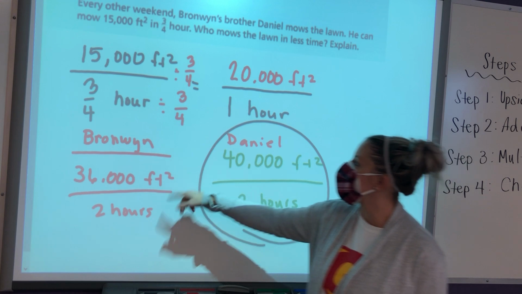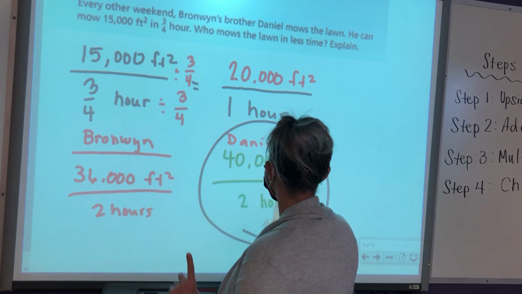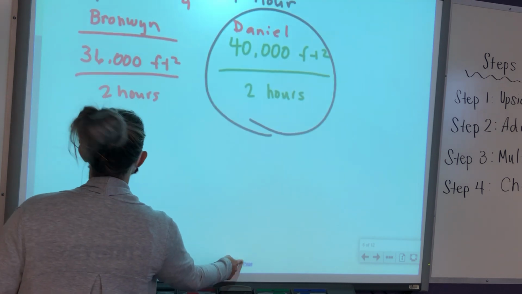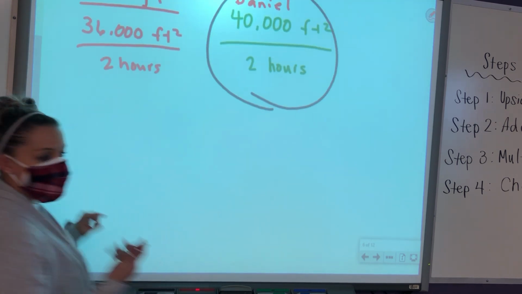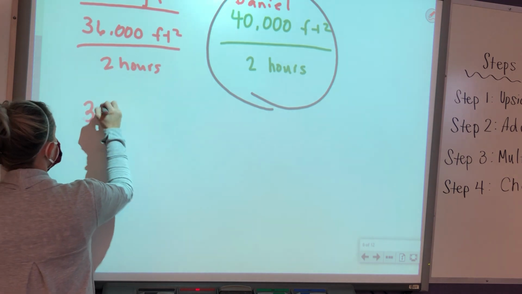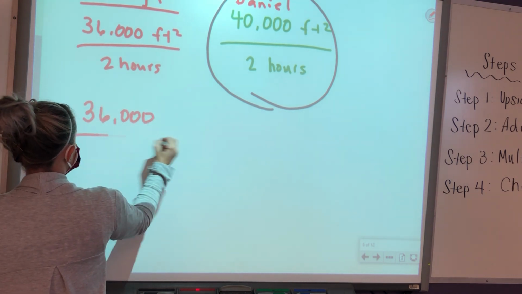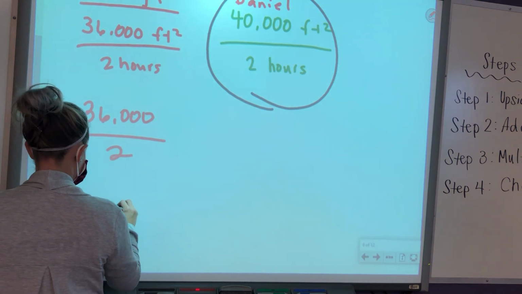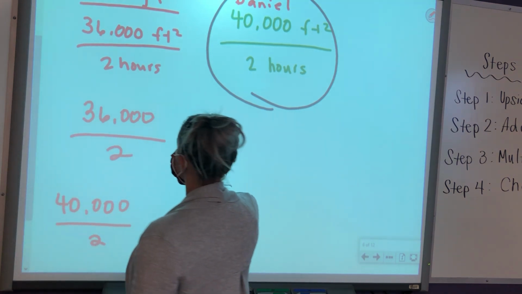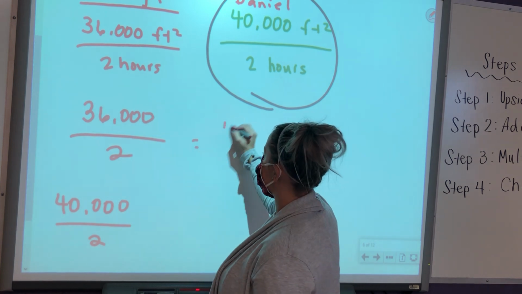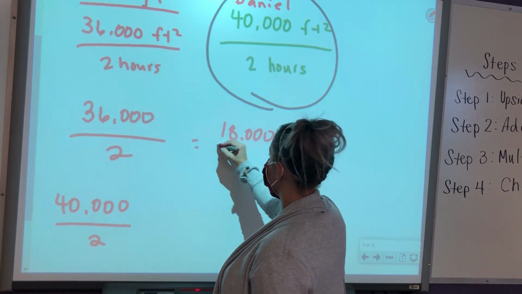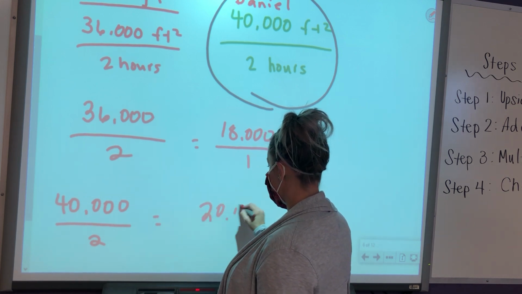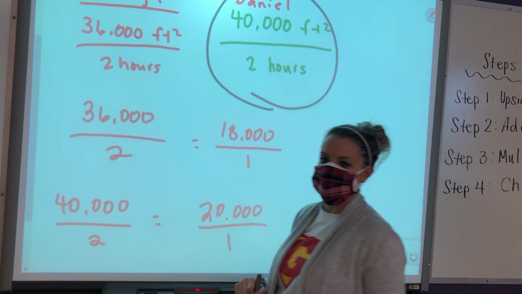Here's another way to look at it. Look at our unit rate. 36,000 in 2 hours versus 40,000 in 2 hours. So 36,000 is going to be 18,000 square feet in 1 hour. He can go 20,000 in 1 hour.